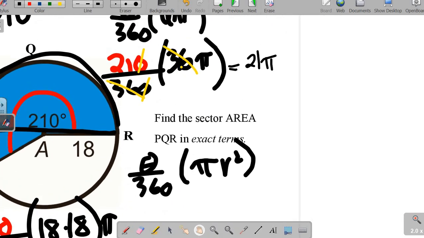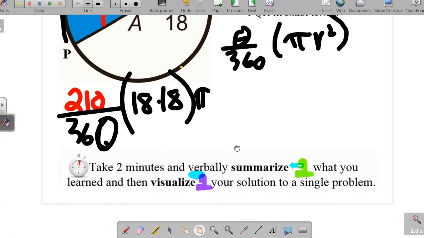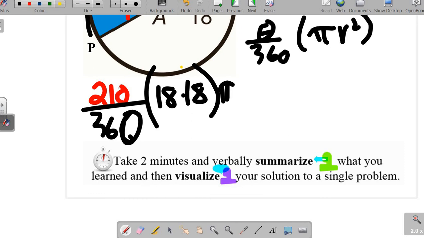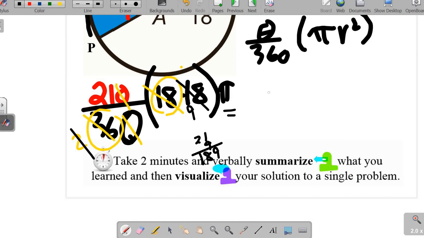No units, so that's just going to be units. That's your arc length. Down here, kill the zeros. 18 goes into 36 twice, and then the 2 goes into 18 9 times. So I'm going to have 21 times 9, and I get 189 pi units squared.